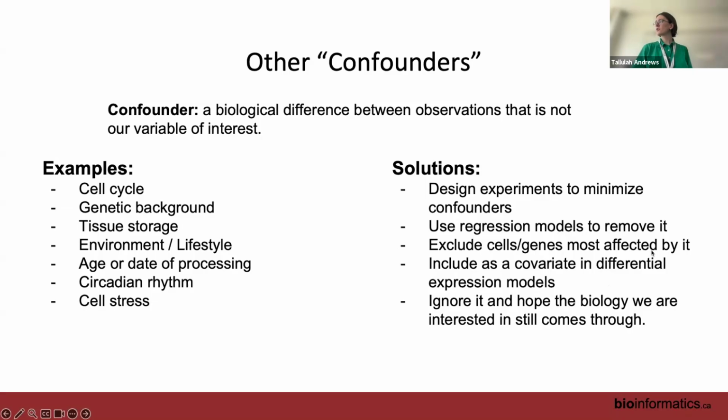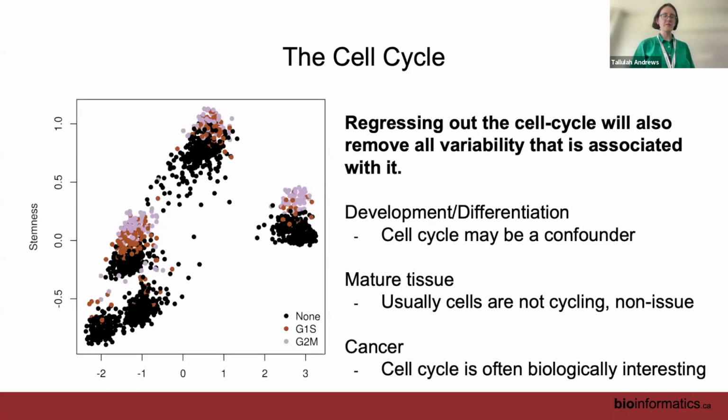You can also include this as a covariate in regression models that I'll talk more about in our differential expression section. Or what is also still very popular is just ignore it and hope it doesn't matter. And then you just do lots of replicates and hopefully you get the same answer across all your replicates, and all those confounders are not driving any of your results.